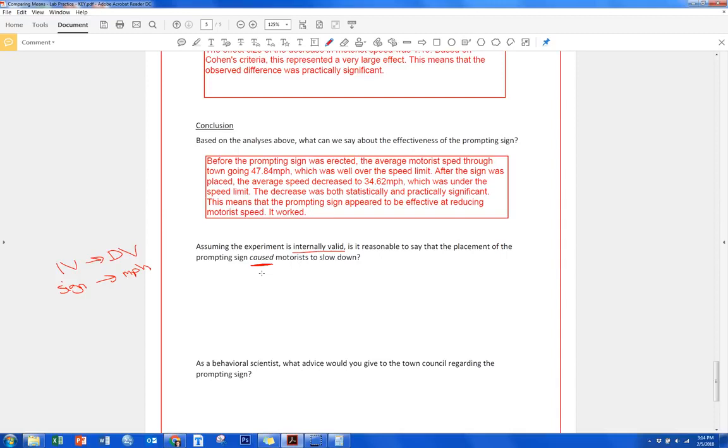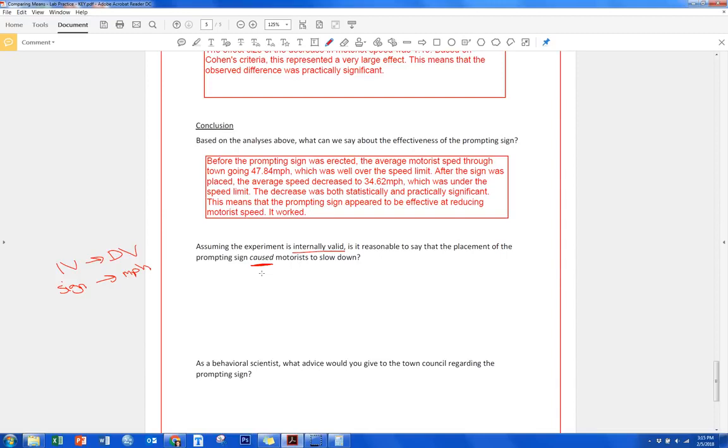In a correlational study, you're looking at the association between variables, and we use words like predict or is associated with. And we would avoid using the word cause or effects. So it's asking us, can we use that word here? Can we say the sign caused them to slow down? Or can we simply say it predicted or was associated with this? Right?